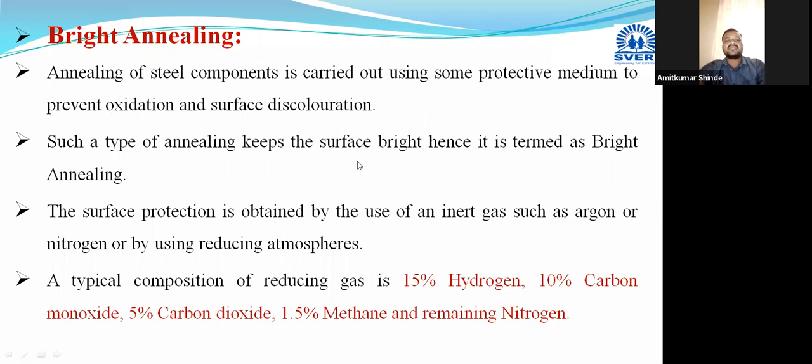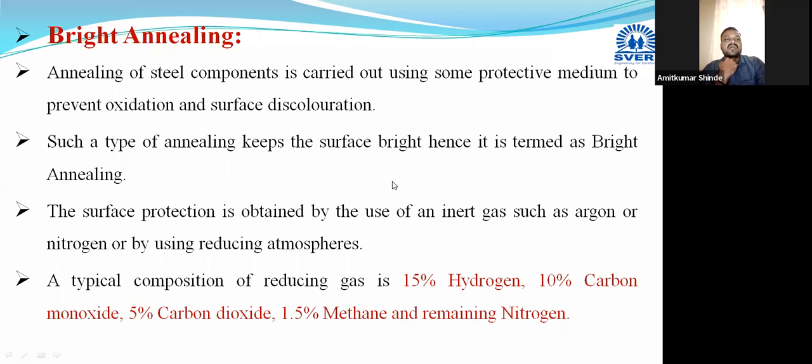Such annealing gives us a bright surface; the surface of the component becomes very bright. Hence, this annealing is termed bright annealing. To get the surface protection, we use different mediums, like inert gases such as argon or nitrogen, or a reducing atmosphere.